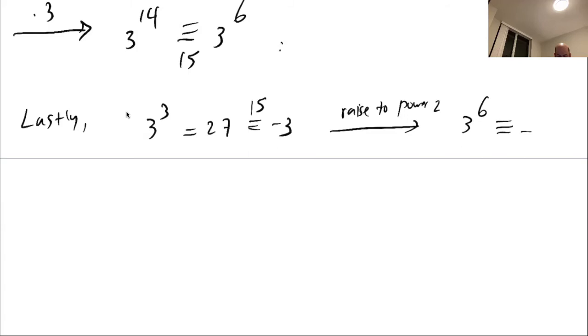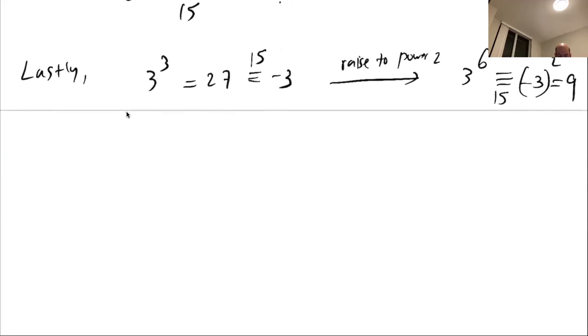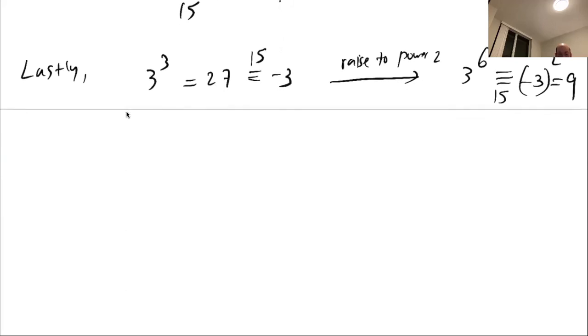Congruent with minus 3 to power 2, which is 9. Well, that's it. 9. So 3 to power 3 was minus 3. I raised both sides to power 2. Minus 3 to power 2 is 9. And 9 is my remainder.